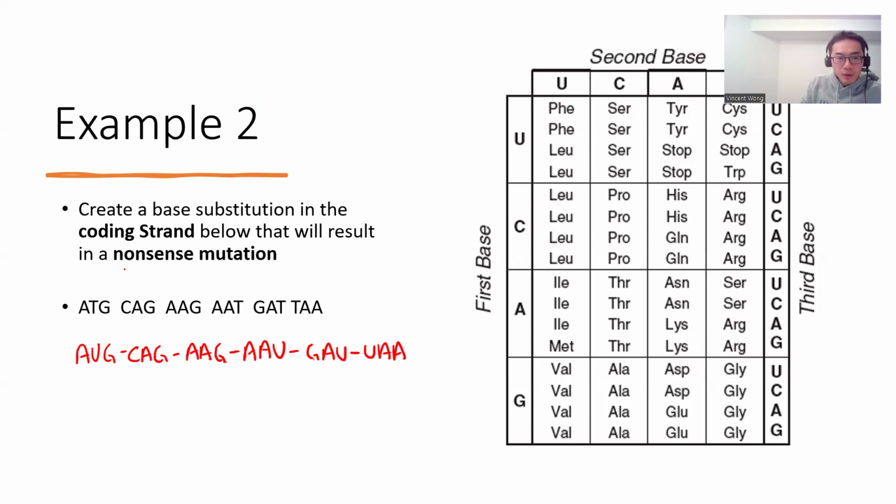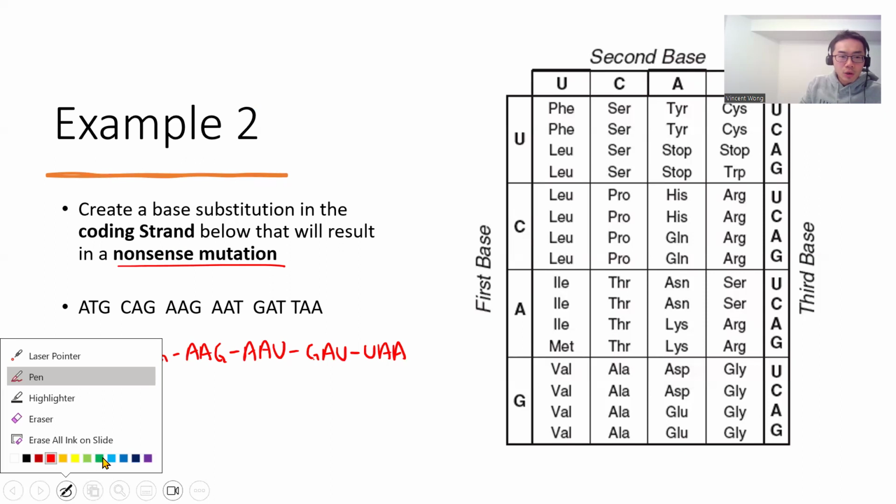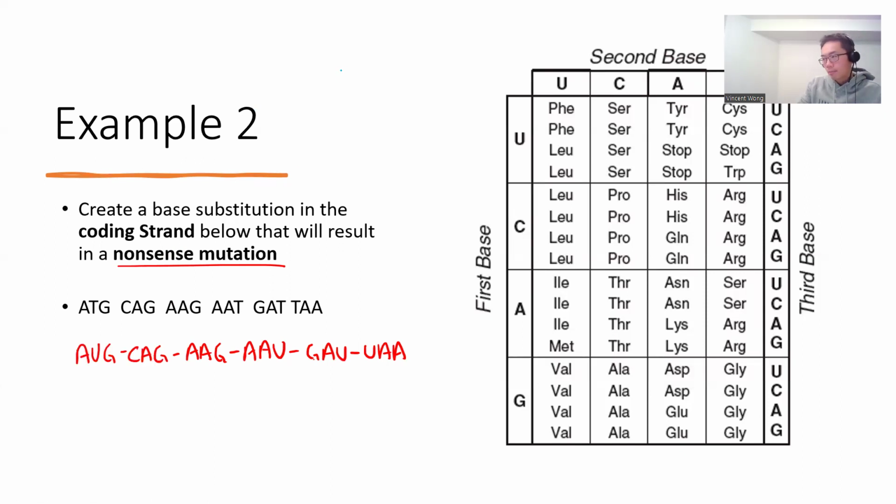We need a nonsense mutation, which means I need to have a stop codon. And you know the stop codons, UGA, UAA, UAG. Told you last week, right? So where can I create a stop codon? Over here, if I change CAG to UAG, that's a stop codon, right?